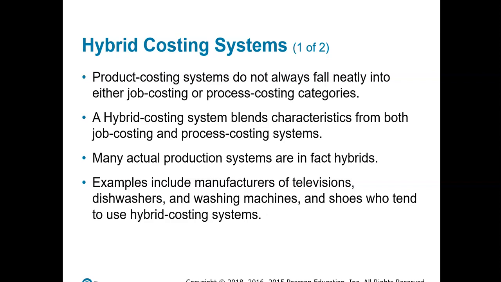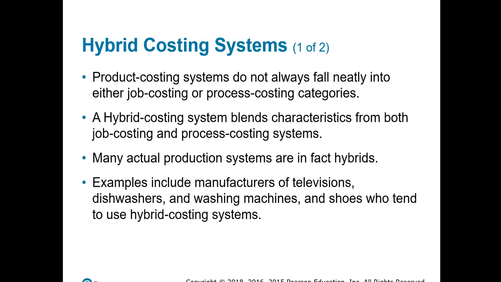So a hybrid costing system is going to blend characteristics from both job costing and process costing systems and take features of both. In actuality, many product systems are in fact hybrids. Manufacturers of televisions, dishwashers, washing machines, and shoes will tend to use a hybrid costing system.